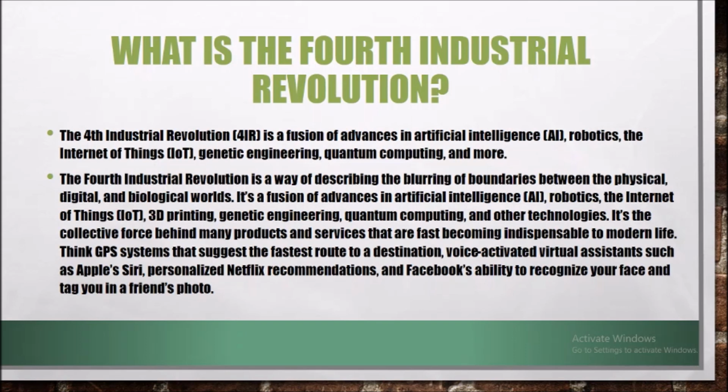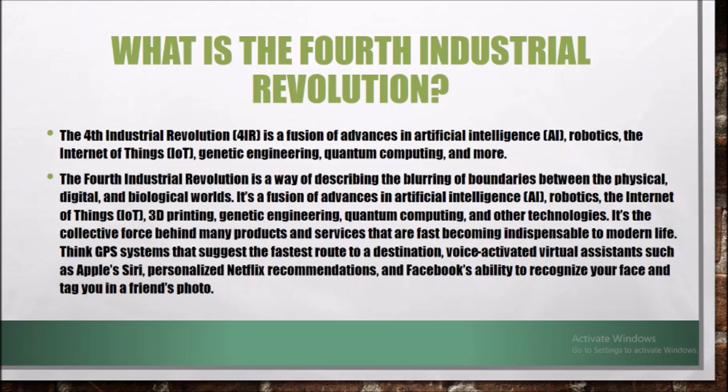Okay. The fourth industrial revolution is a way of describing the blurring of boundaries between the physical, digital, and biological worlds. It is a fusion, and fusion means joined, concatenate, or yes, join, combine.